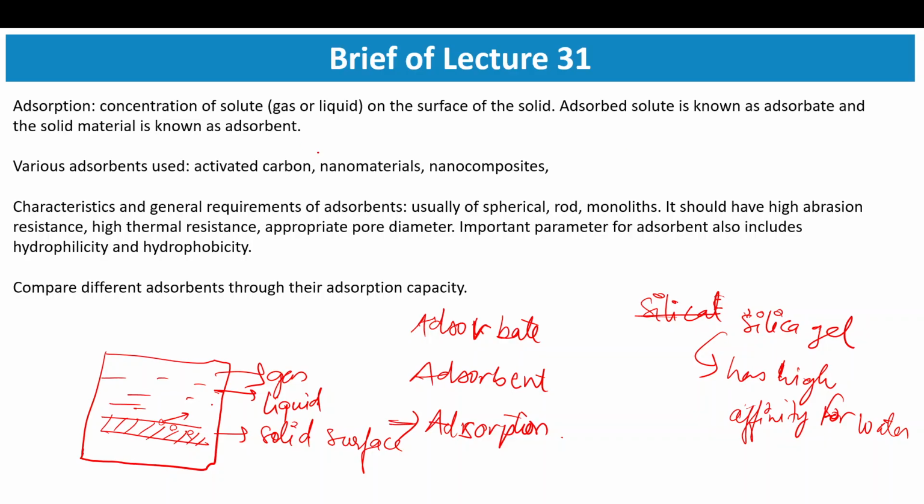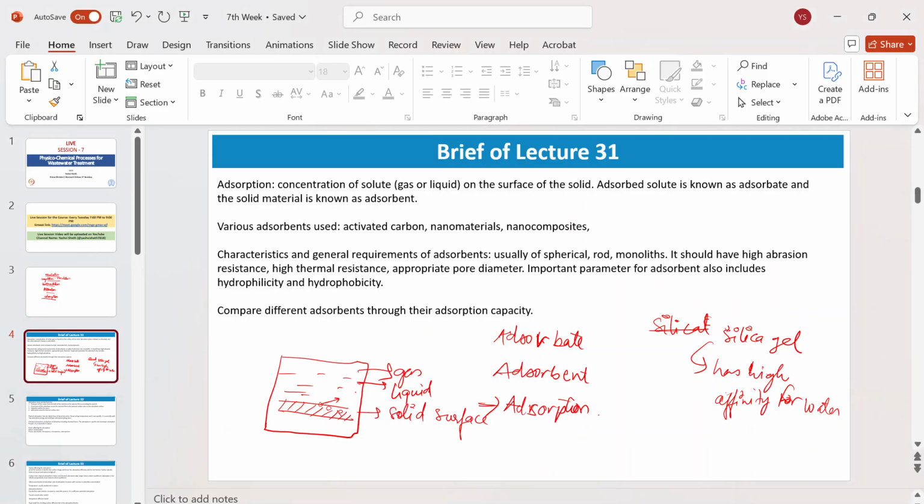For example, apart from water treatment, you would be hearing that CO2 emissions have been increasing day by day, and you want to reduce the carbon footprint in the atmosphere. So you want to reduce the amount of carbon dioxide emitted from industry or the amount of carbon dioxide in the atmosphere. Can you mute yourself?